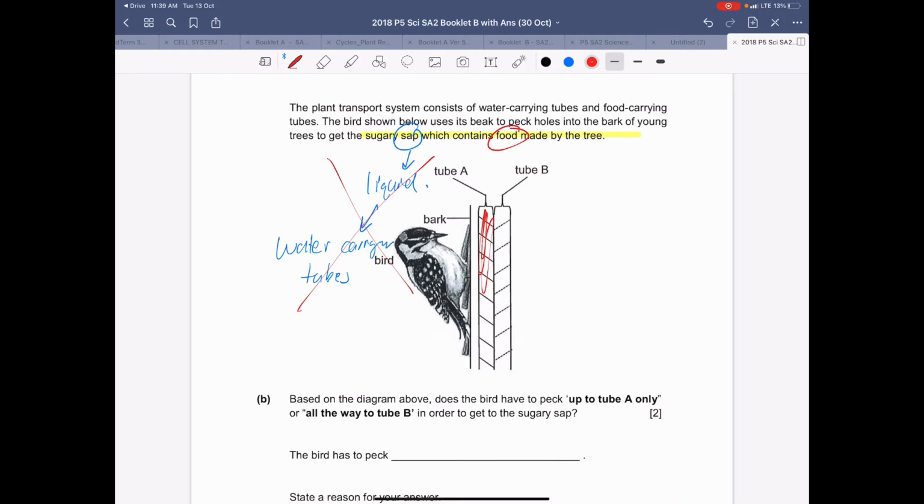So the first thing I would say is that the paper strip is an insulator of electricity.